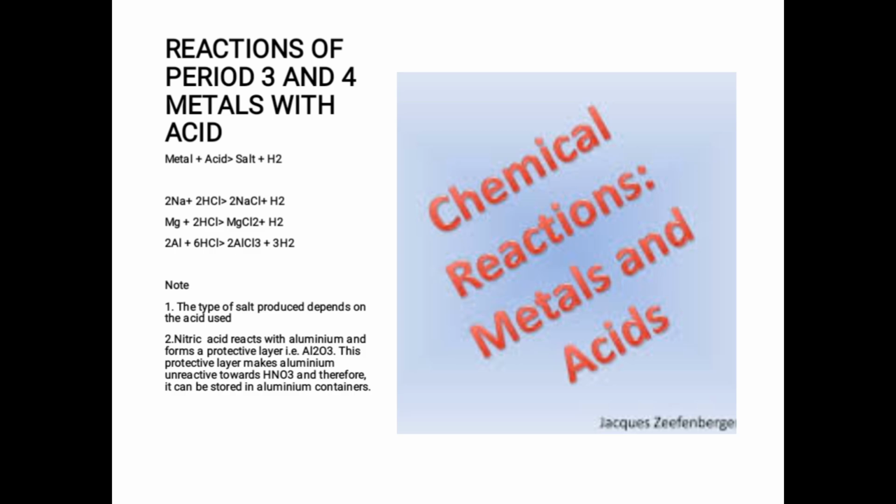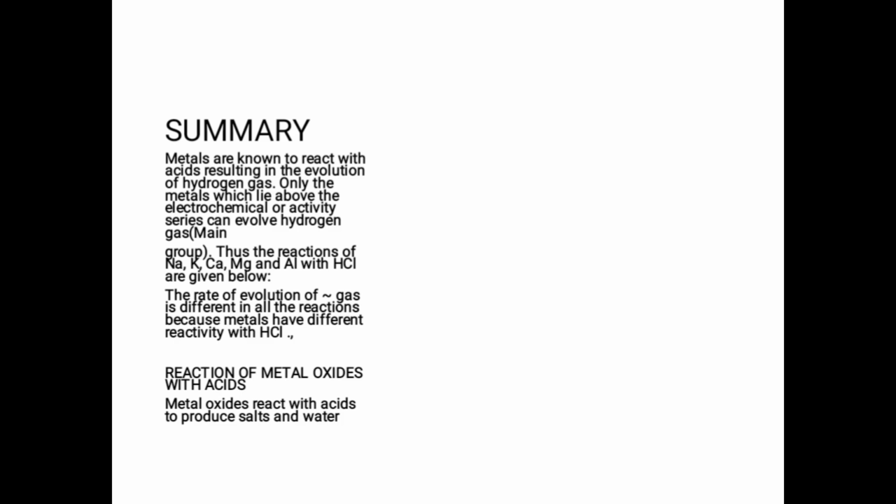Take note of that. So let's look at the summary of what we have said so far. Number 1 is that metals are known to react with acid, resulting in the evolution of hydrogen gas.